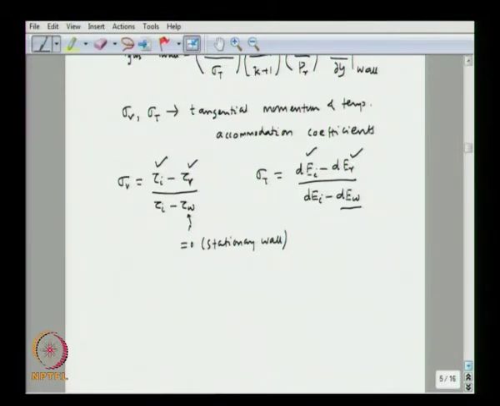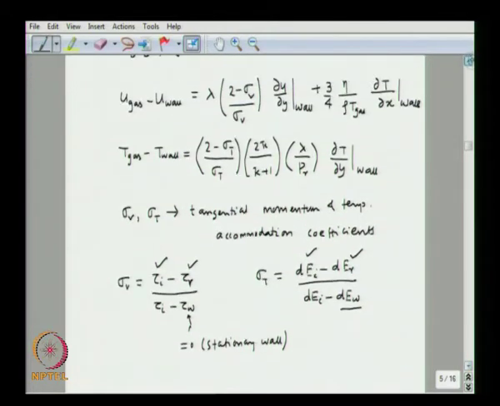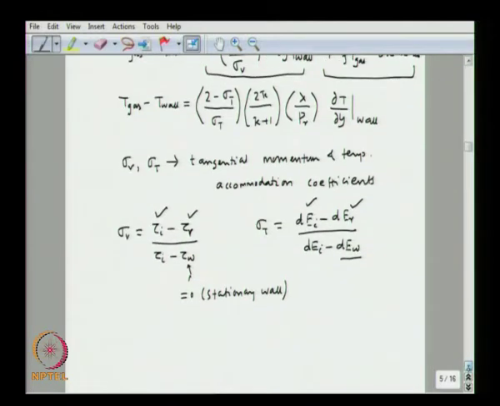If you look at the second part of this equation, what we see is that if the flow is in stationary conditions, the velocity is 0, so the first term is 0. Then if we apply a temperature gradient along the x direction, we would induce a slip along the x direction, and that is known as creeping flow.